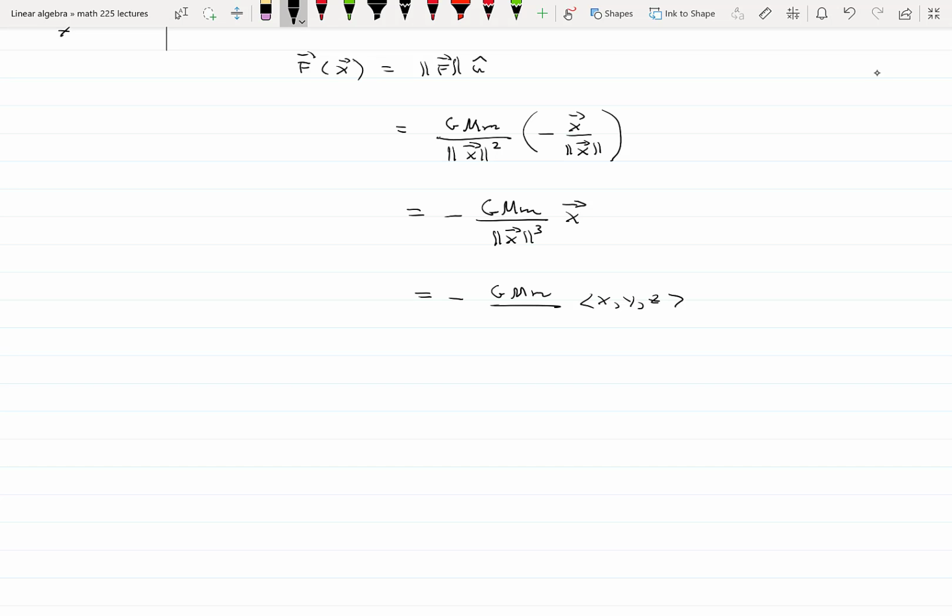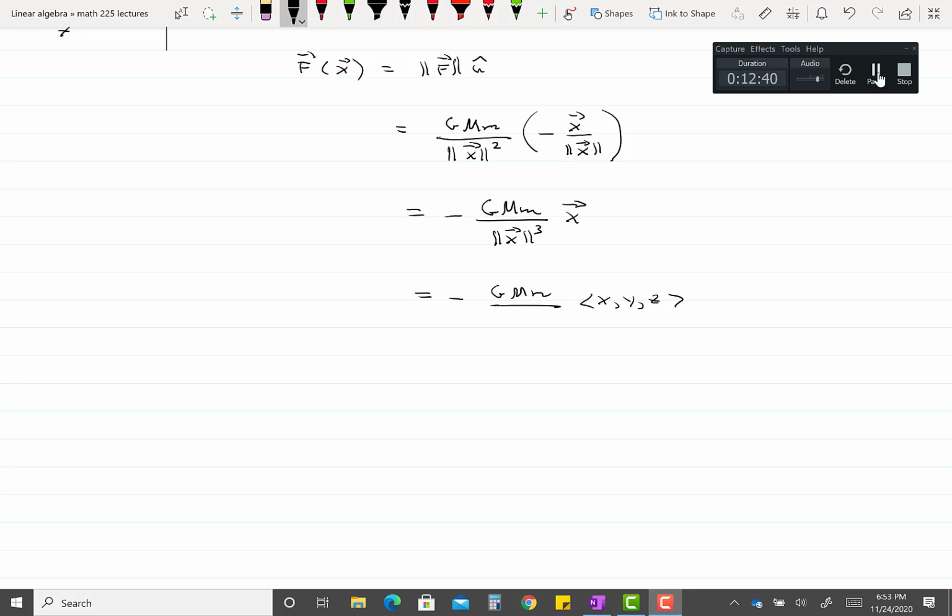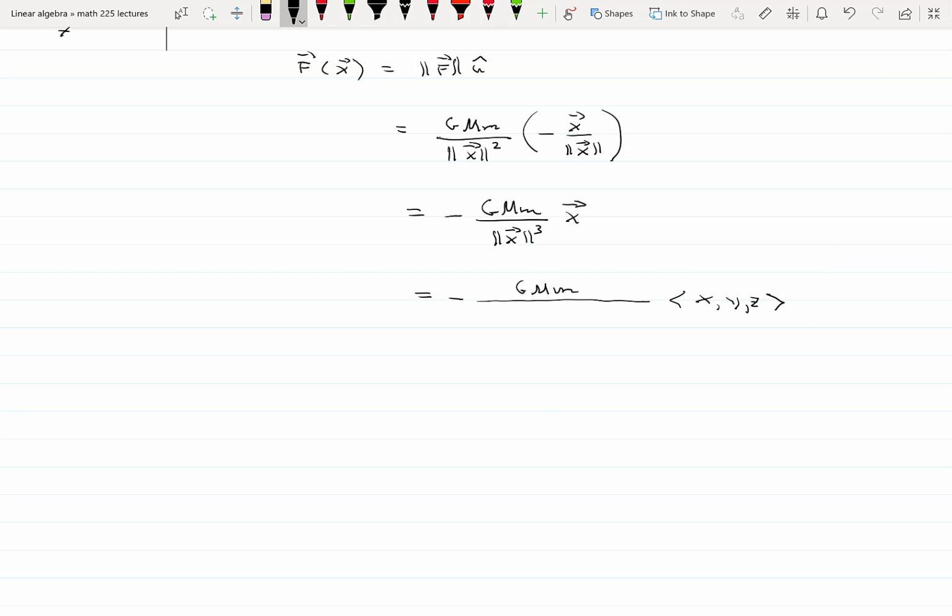Let me make us some more room. That's a little better. The length of a position vector, or any vector, is the square root of the sum of the squares of the components, so that's the length of x, and then cubed.